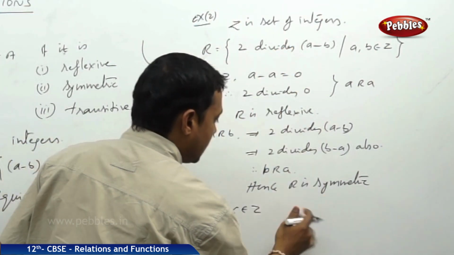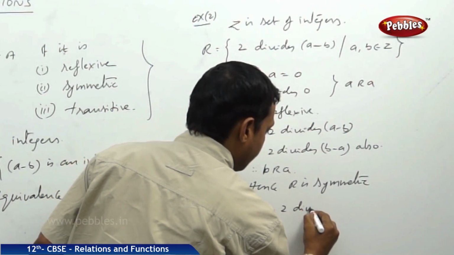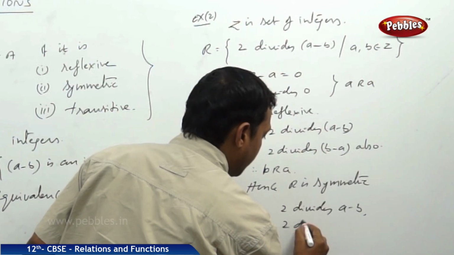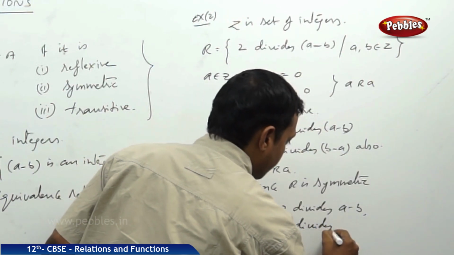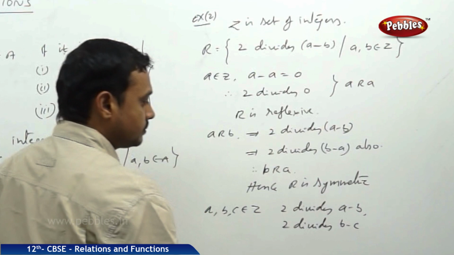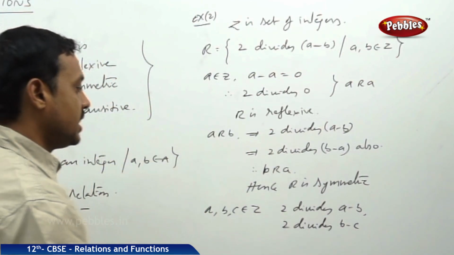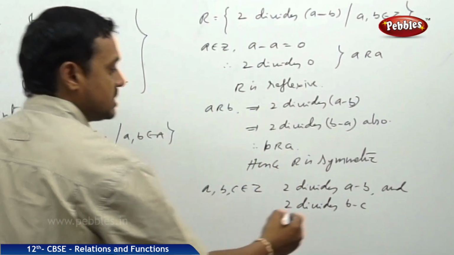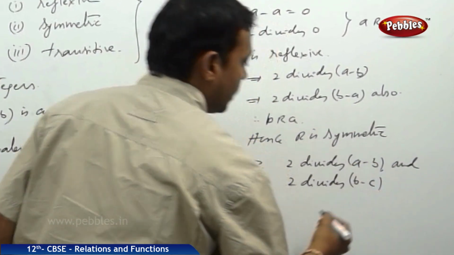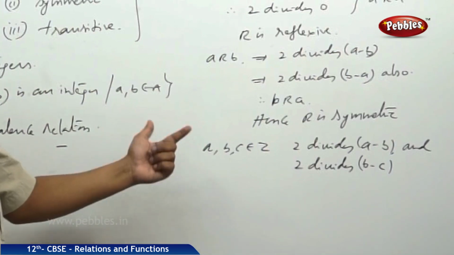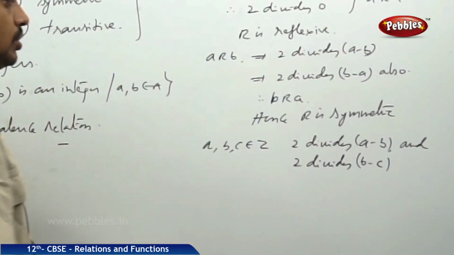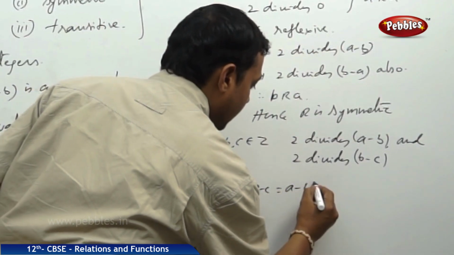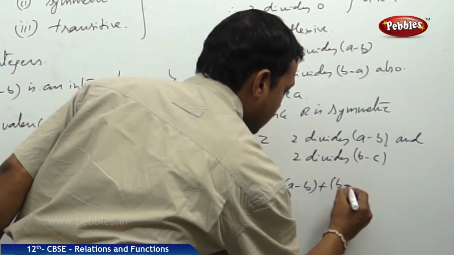So 2 divides A minus B and 2 divides B minus C. Then we are going to prove that 2 divides A minus C also. Adding these two, A minus C is nothing but A minus B plus B minus C.